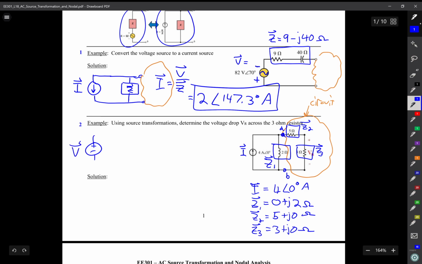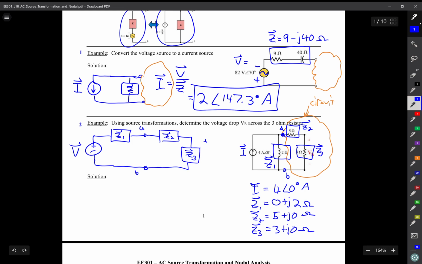And here's my voltage V, and I'm going to place in series in that circuit my impedance Z1. And notice that I'm going to put my two nodes here, A and B, just to indicate that that's my source transformation, and I'm going to redraw the rest of the circuit as shown. So here's my impedance Z2, and here's my impedance Z3.